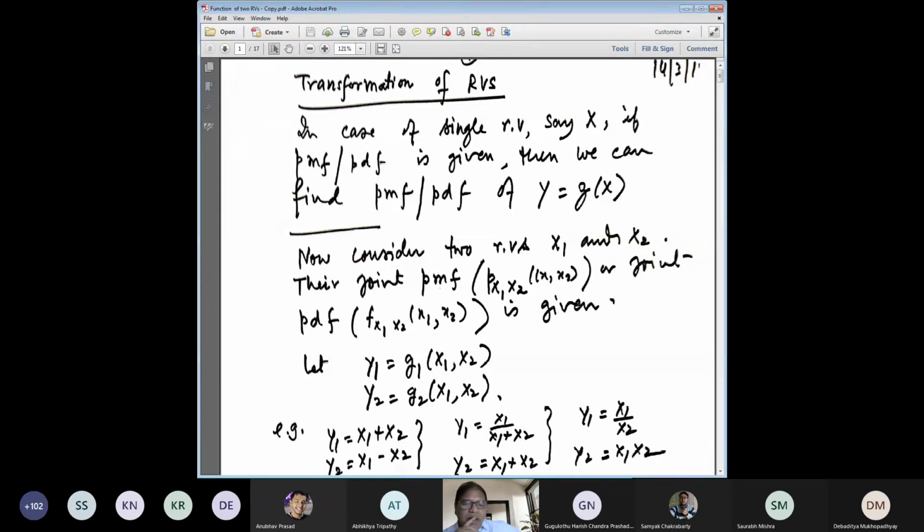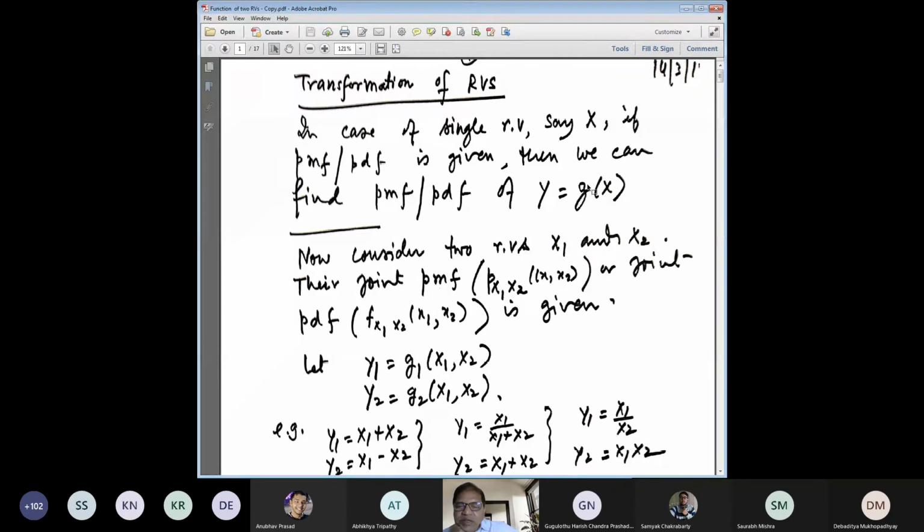Of course, we have seen in the univariate case, for a single random variable x whose PDF or PMF is given, we know how to find the PMF and PDF of some function of x. We did some examples: y equal to 2x plus 8, y equal to mod x, y equal to x square.